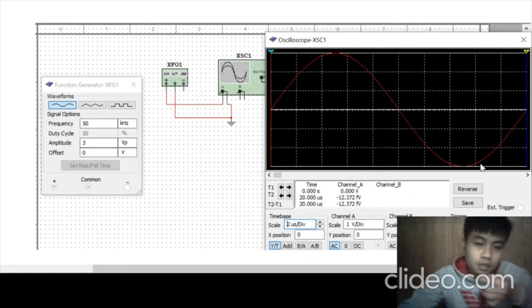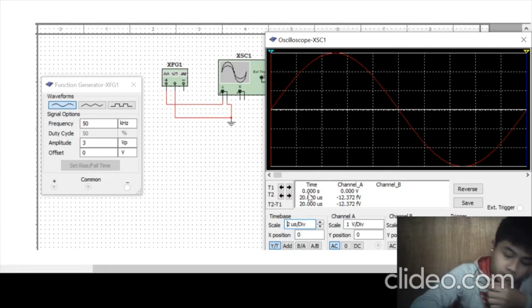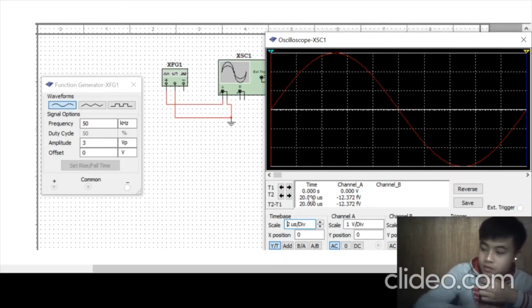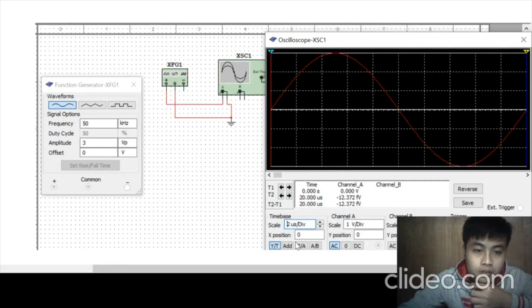So we have 10 divisions. How do we find the period by calculation? We multiply 2 microseconds by the 10 divisions, so 2 microseconds multiplied by 10 gives 20 microseconds. So our period is 20 microseconds.